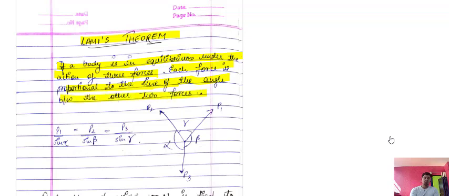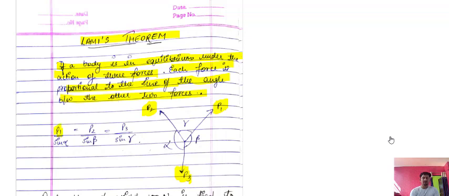Okay, so Lamy's theorem says that suppose we are having three forces at any point, okay, P1, P2 and P3. So it states that each force is proportional to the sine of the angle.